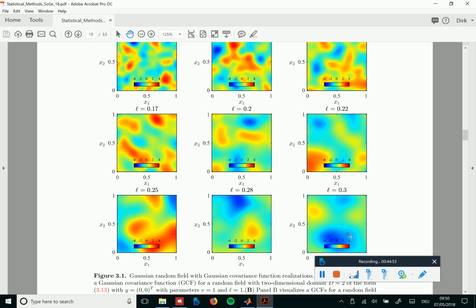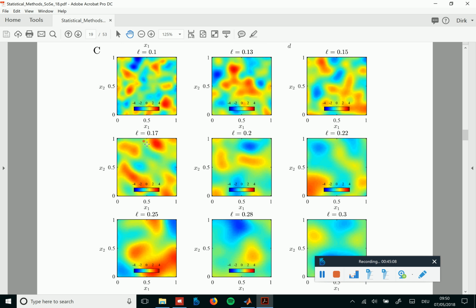So if this measure of smoothness that we are now looking at is coherent with the whole theory, then I would assume that this measure of smoothness corresponds essentially to this L parameter. And this is what I found.